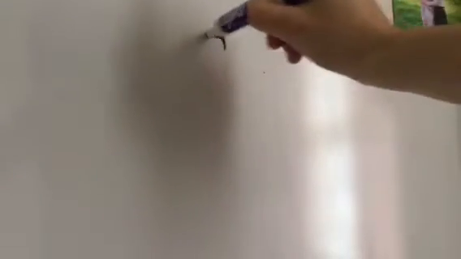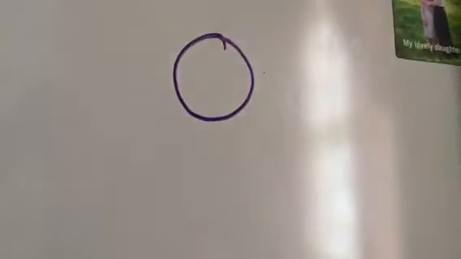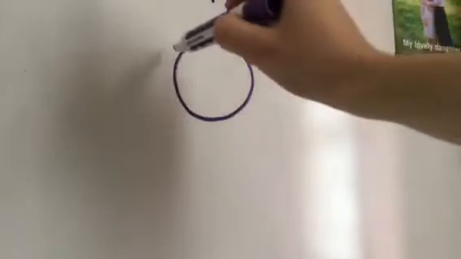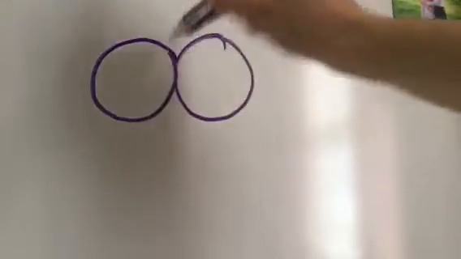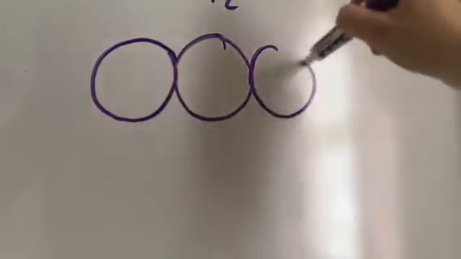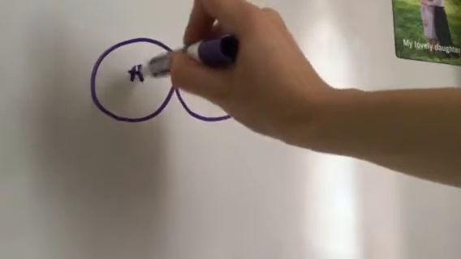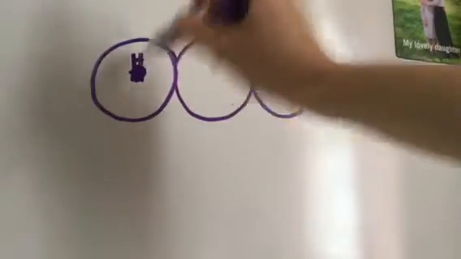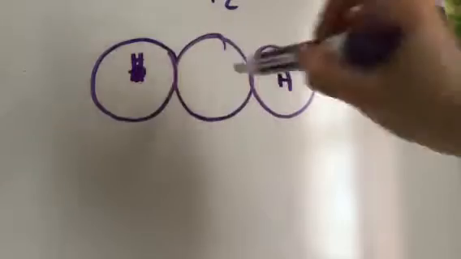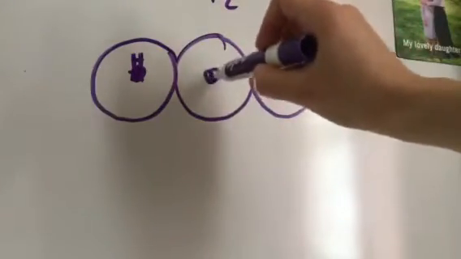So let's say this is H2O, which is water. 2 hydrogen atoms and 1 oxygen atom. They're connected. So let's say this is a hydrogen, this is their nucleus. This is a hydrogen and this is an oxygen. So this is the nucleus.